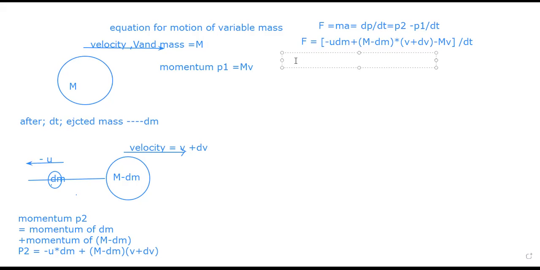So this is F, left hand side as it is, equals minus u dm, I'll write as it is, plus m into v, mv, and plus m into dv, and here we have minus dm multiplied by v, and minus dm multiplied by dv, and minus mv. This is the initial momentum, and again this is whole divided by dt.